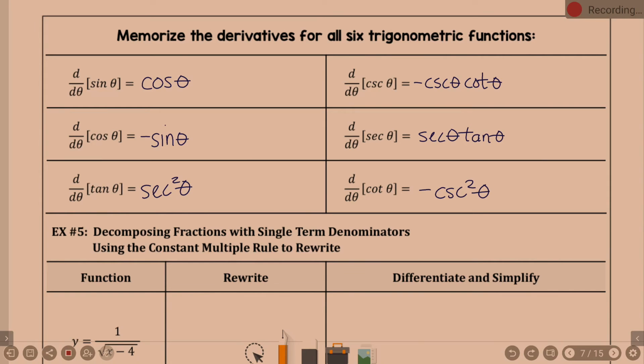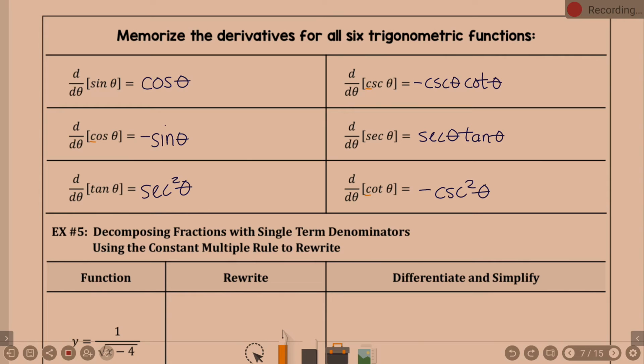Now, this is a trick that I'm sure it was new to me last year. I don't even remember it, but there's a connection to be made if you want it. Cosine, cosecant, and cotangent all begin with the letter C. And all of their answers are negative.